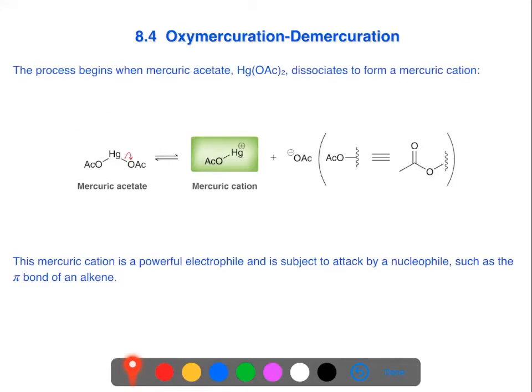This reagent will dissociate to give you the mercuric cation, the reactive species that will interact with our alkene in the formation of our new alcohol. The mercuric cation is a very strong electrophile, so it is open to nucleophilic attack by even weak nucleophiles such as alkenes. The pi bond of an alkene or an alkyne will undergo nucleophilic attack onto this strong electrophile.